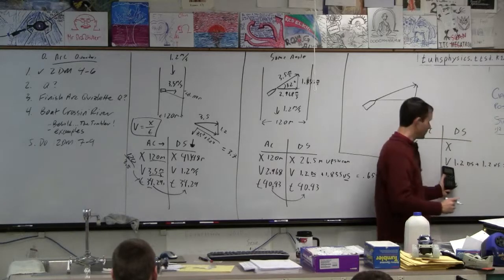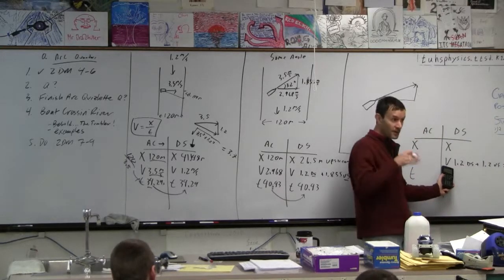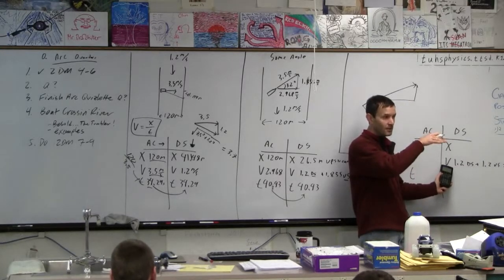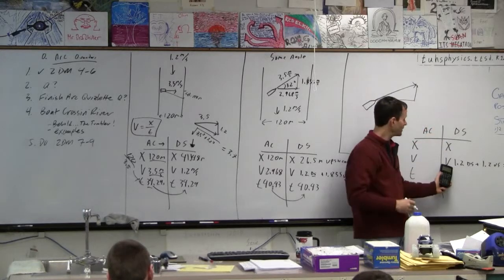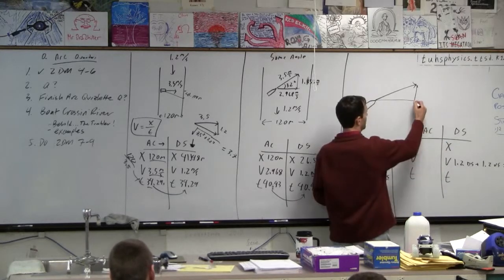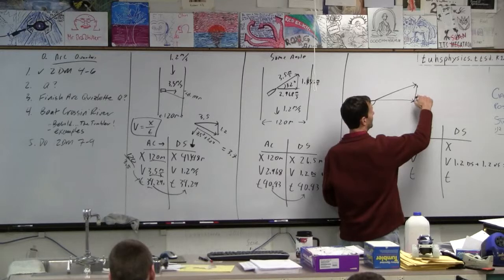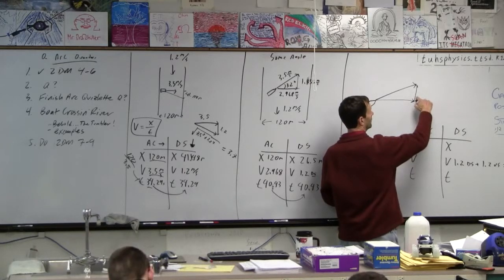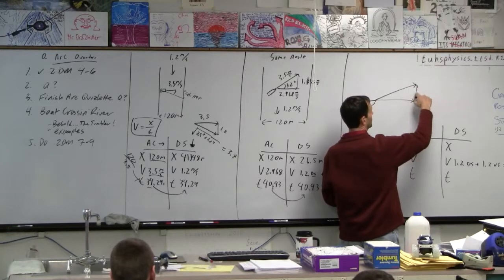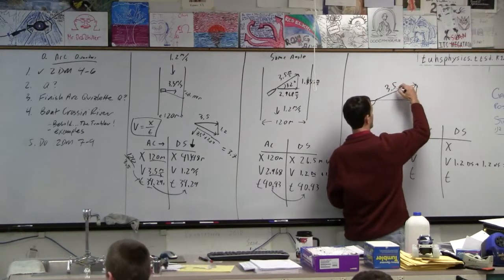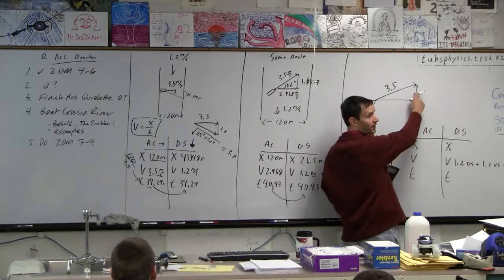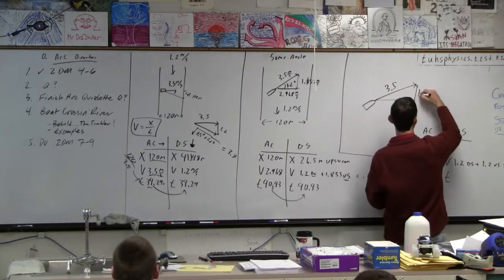In other words, we know the net velocity downstream is zero, if we go straight across, if we do that perfect one where the thing goes straight across. So we know that this component right here is what? This side here is 3.5. That's how fast the boat can go. This part of the velocity is what? 1.2. Yeah, there we go.